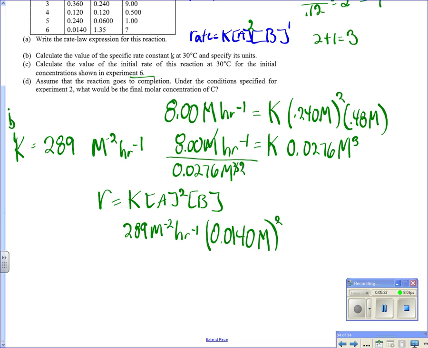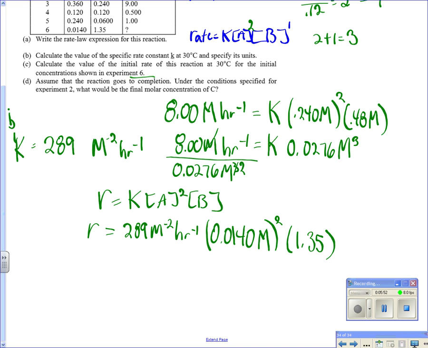And I know B was 1.35. We would just plug all the numbers into it and solve for rate.